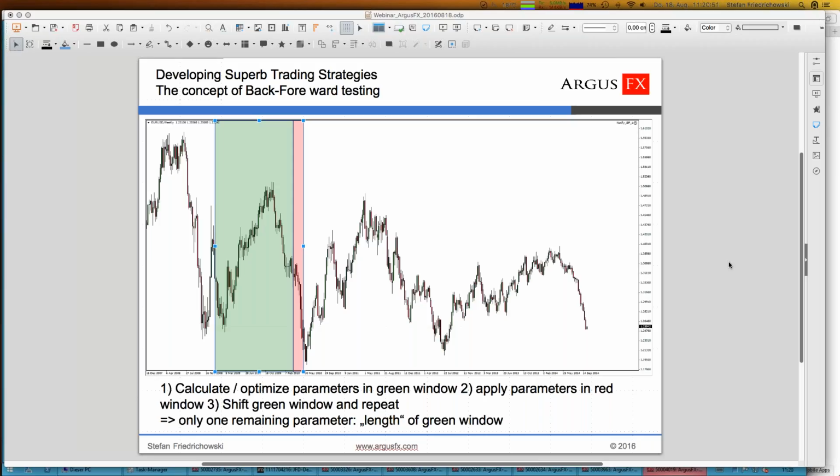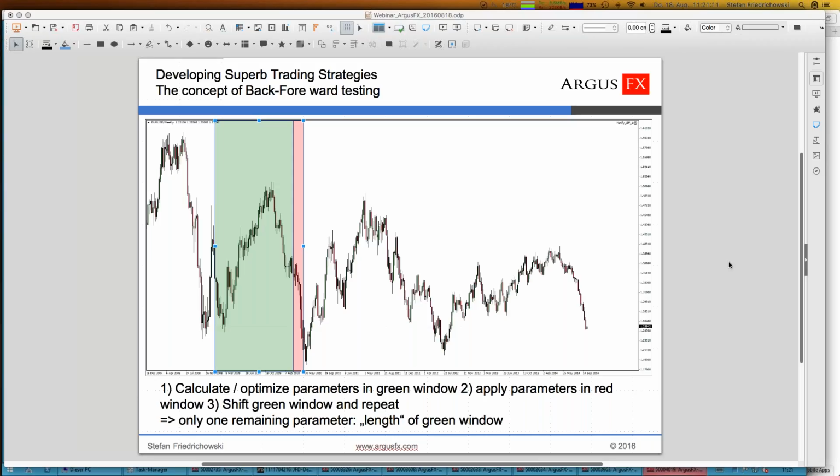The green box, indeed, is the one and only remaining parameter we have left, and that is the length of the history which we take into account for the optimization process.